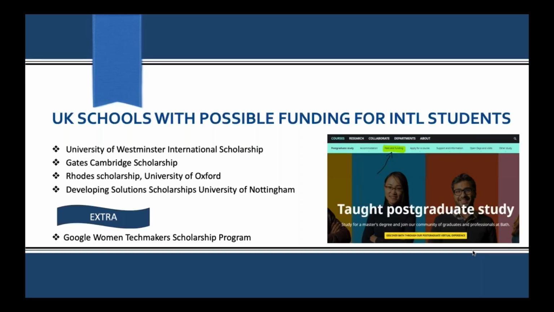But these are the few schools that I know offer funding, like the University of Westminster International Scholarship. That one offers full funding, so they'll pay for your flight, accommodation, and all of that. Then there's the Cambridge Scholarship and the Rhodes Scholarship, that's the University of Oxford. They offer funding, I think full funding. But I think for Cambridge and Oxford, you don't really have to do a separate application.